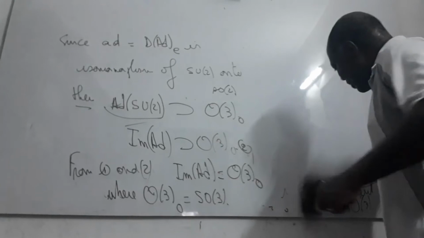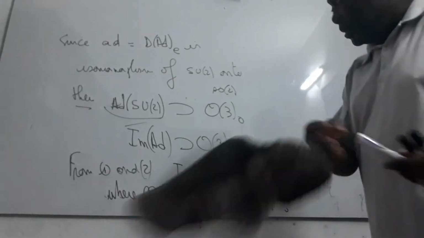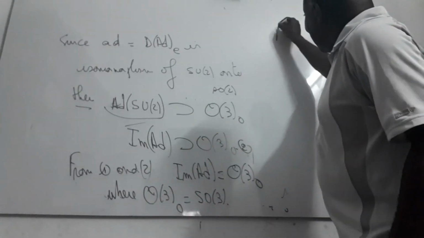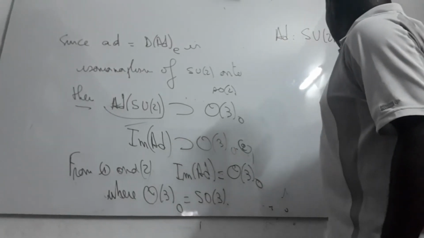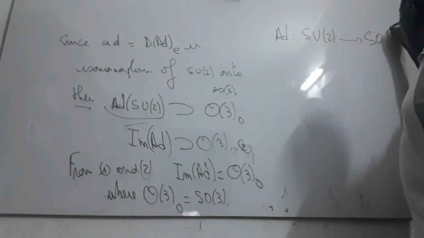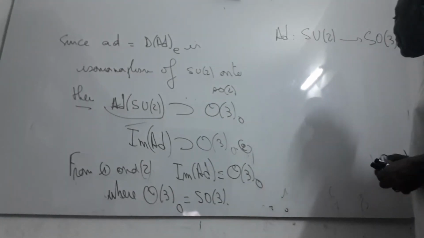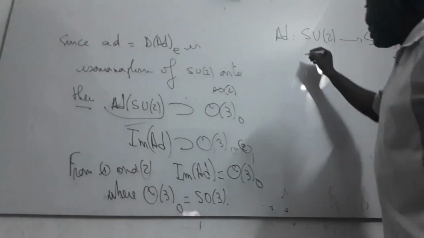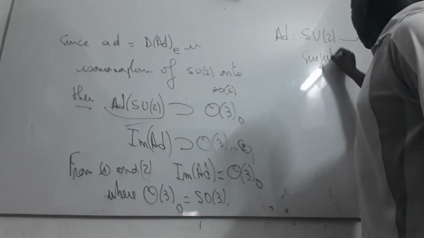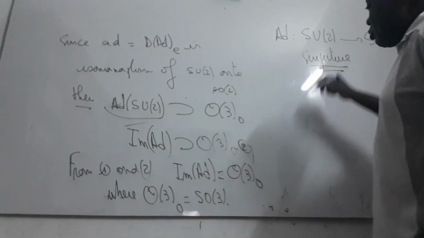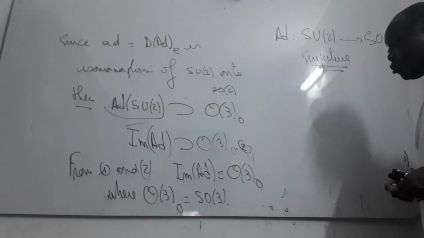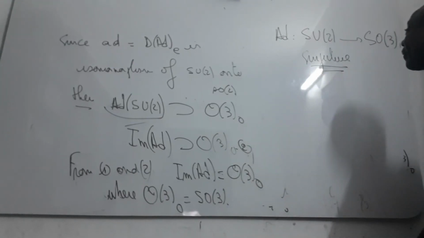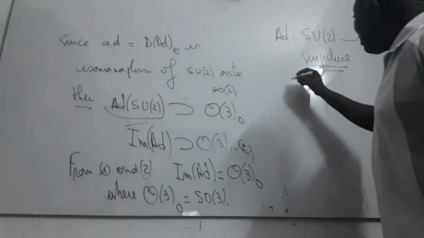So the map from SU2 to SO3 is also surjective, using what we just proved.